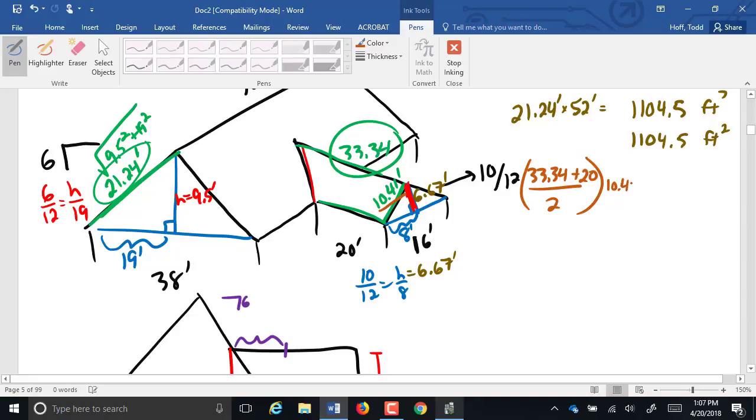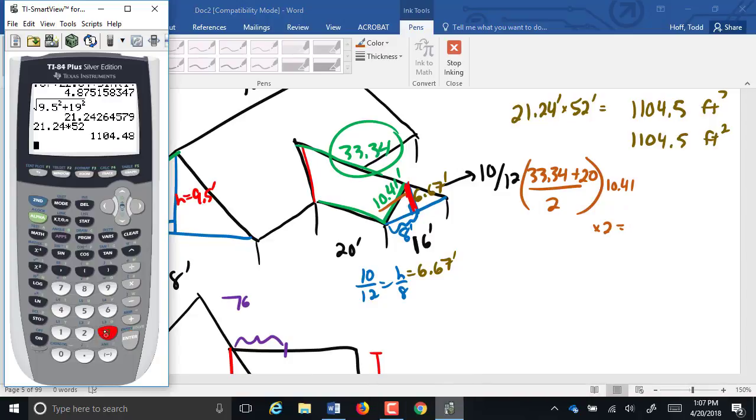the 10.41, right? Then there's going to be 2 of them, so we're multiply by 2. So 33.34 plus 20. Now make sure you hit equals before you divide by 2. And then times the 10.41.